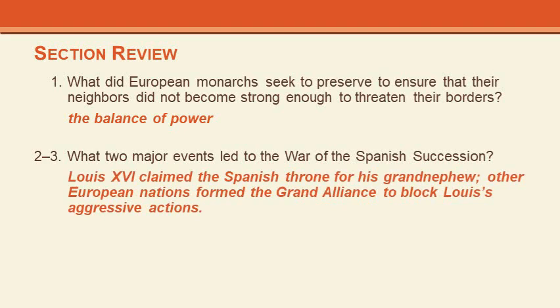So Louis the 16th, no, that doesn't sound right. I believe it's Louis the 14th. I think there's a mistake here. And then the other European nations don't like this, don't want to see this happen, and so they form this alliance to block this.